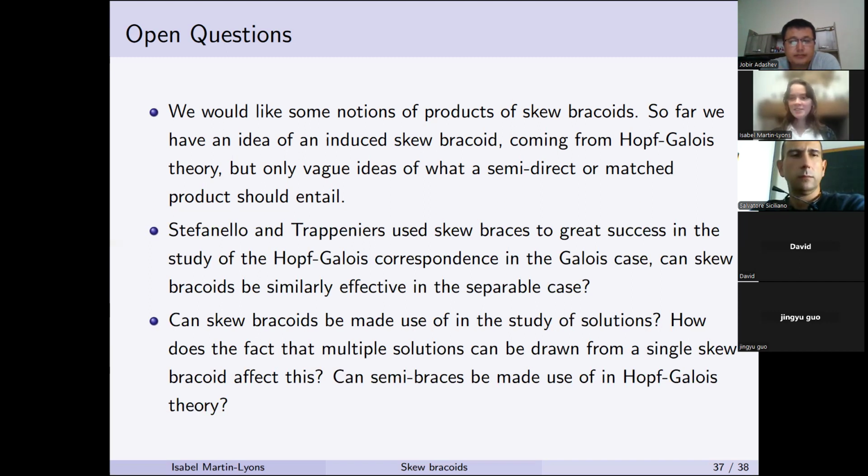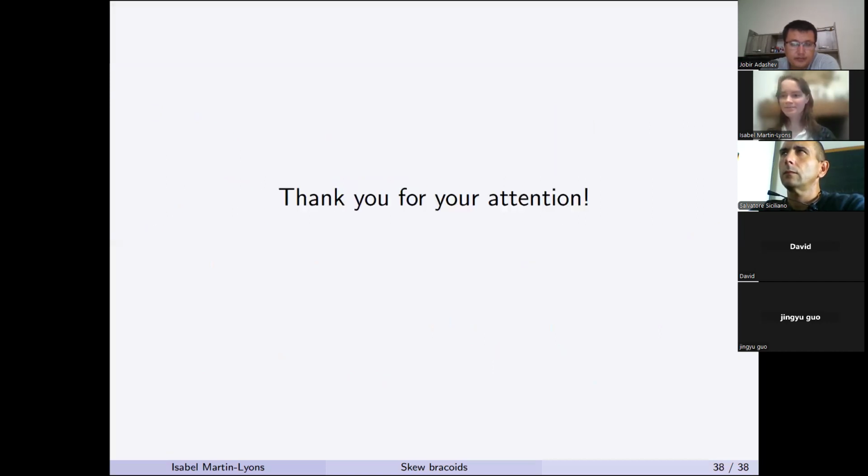I think it's cool that you can draw multiple solutions from a single skew bracoid, but that does mean that any hope of bijections is going to be a bit tricky. On the other hand, via skew bracoids, we've connected semi-braces to Hopf-Galois theory. This is new. Can semi-braces be made use of in Hopf-Galois theory at all? And that's all.